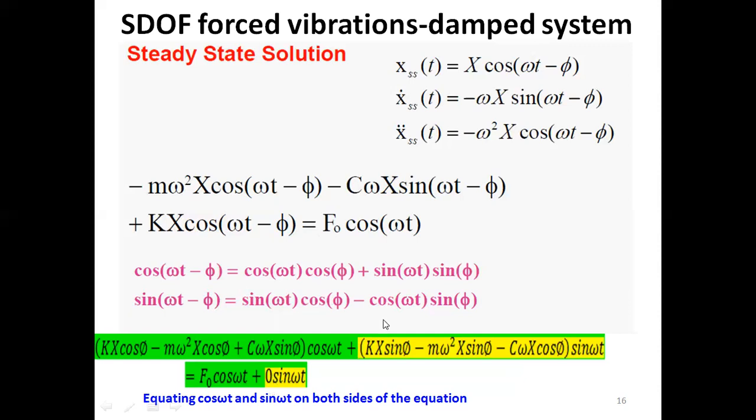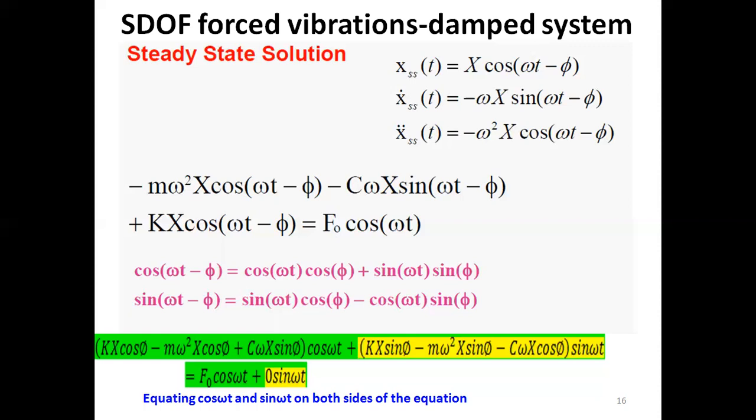So on both sides of the equation we have cos ωt and sin ωt, and mathematics is telling us that both sides are equal.